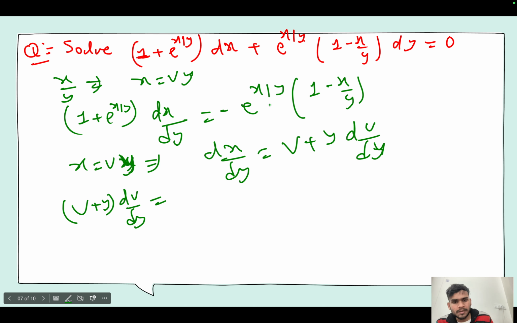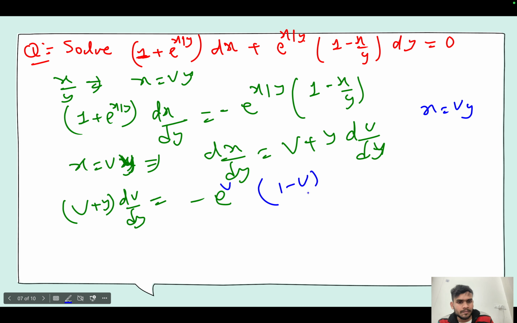Now this will become minus e to the power x by y, where x is equal to vy, so y will cancel out, it will become e to the power v, and it will become 1 minus v.